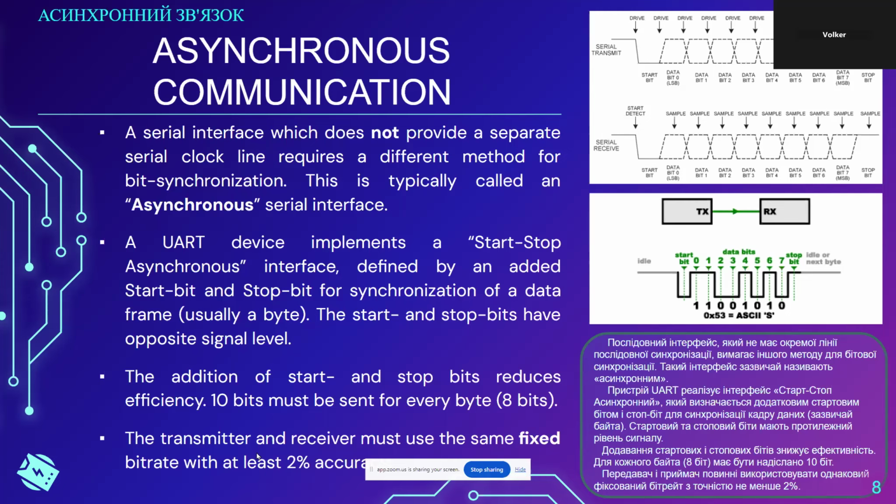The start and stop bits have opposite signal level. This is important. If you look to the image to the upper right, it's explained there. The start bit is 0. The stop bit is 1. The effect that this has is there is a forced signal edge.